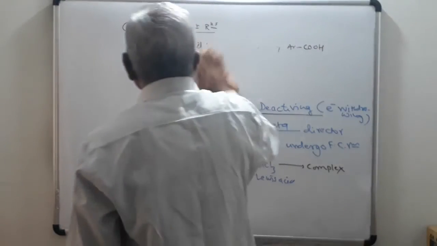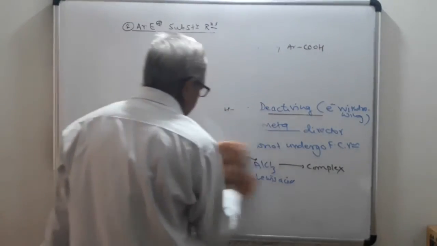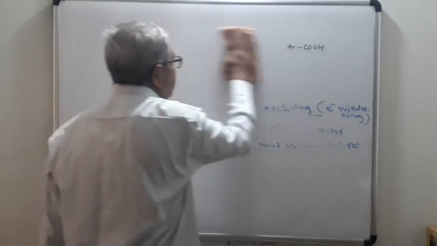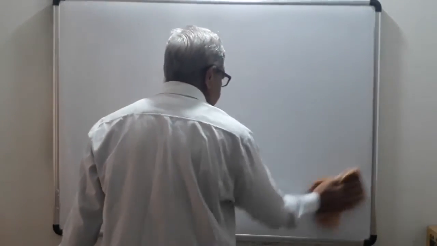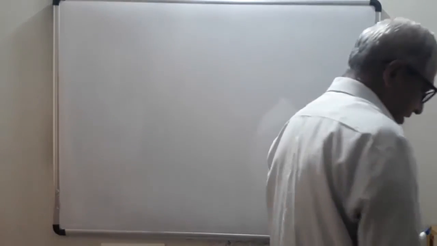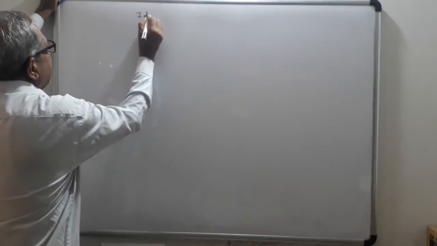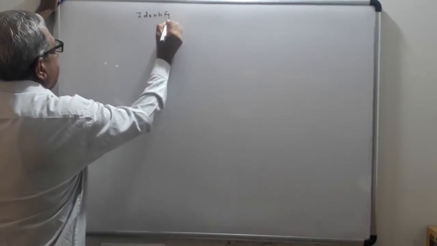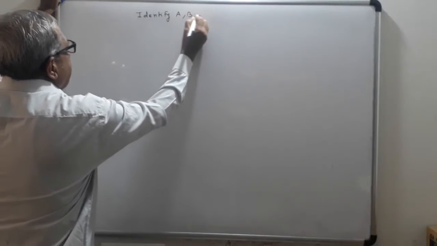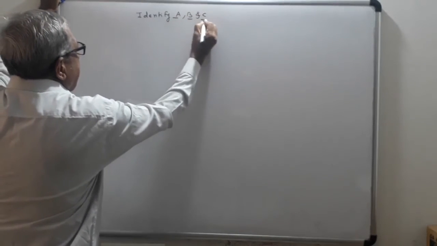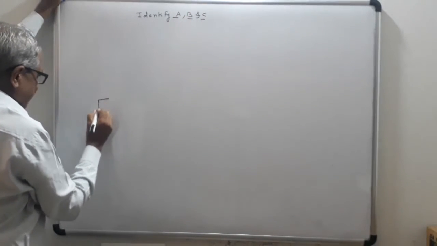Now I will set a question on these three points. Identify A, B, C, because I was explaining these reactions in the previous topics. So directly I will set here: identify A, B, C. Now see, this is your benzoic acid.